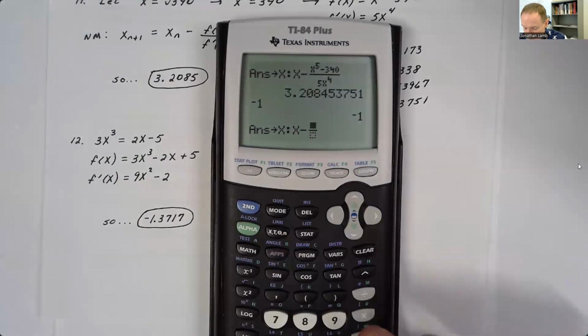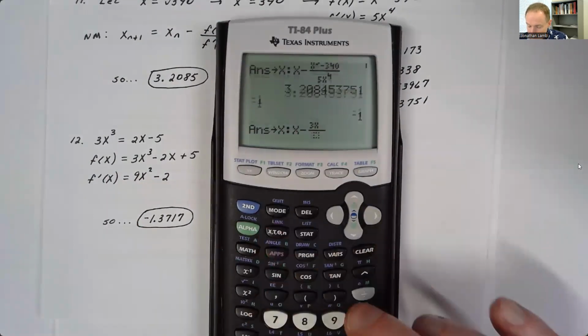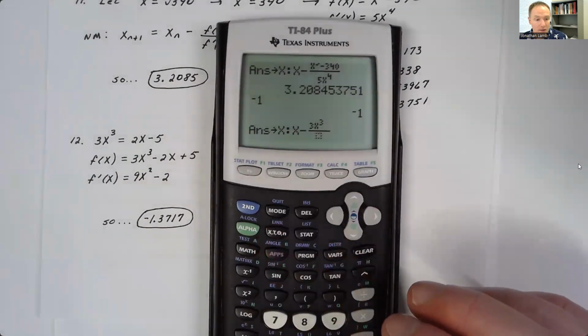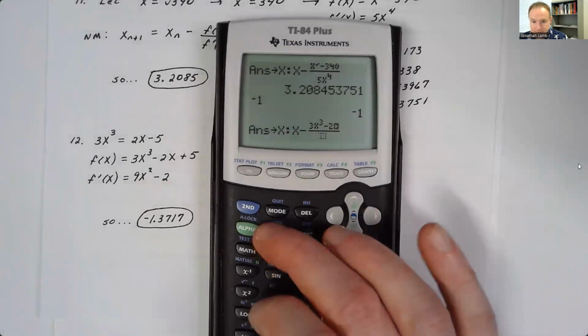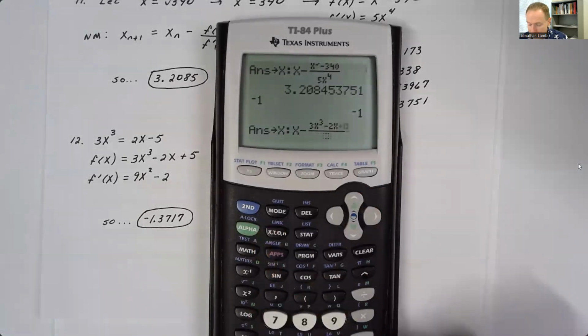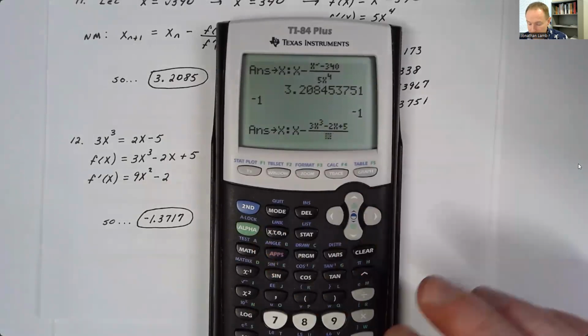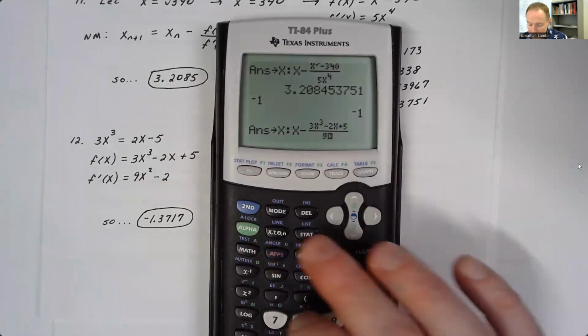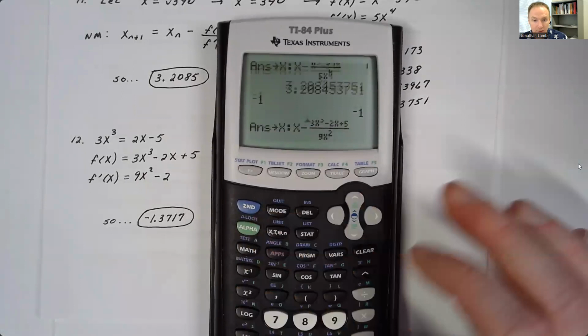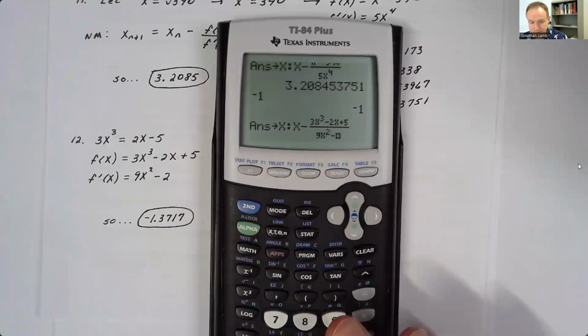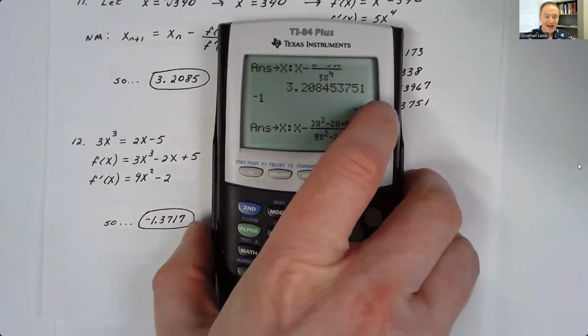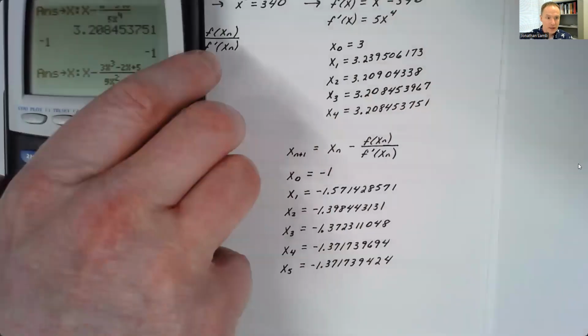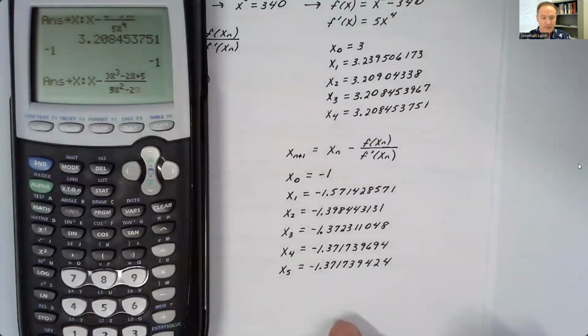So I'll type in my function here, 3x raised to the 3rd, and then we have minus 2x plus 5. My denominator here, 9x raised to the 2nd and minus 2. Okay, so I get those entered in and I'll try to make sure it matches these.